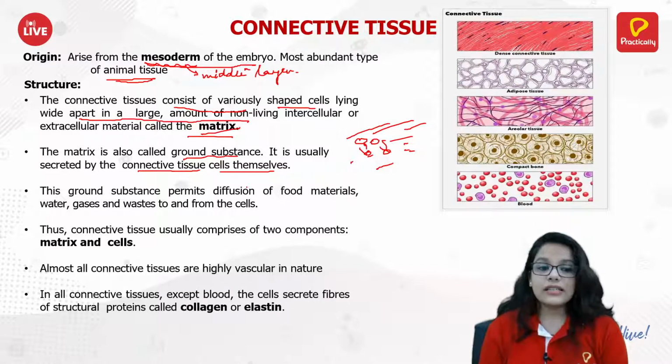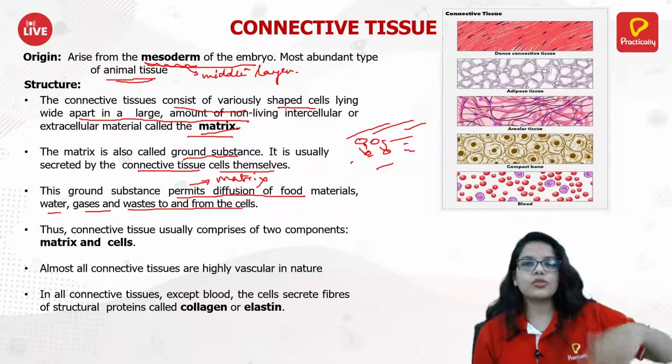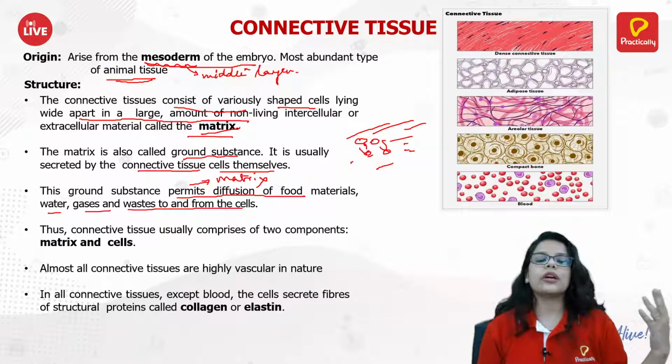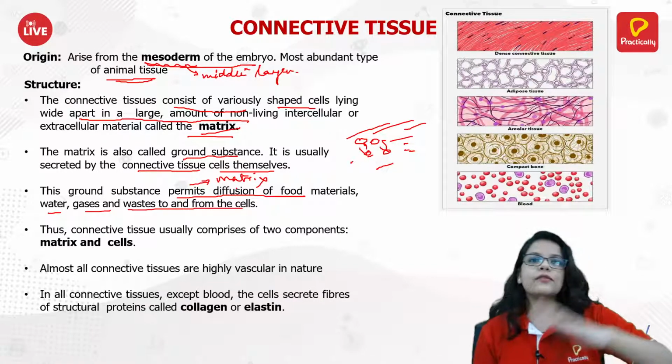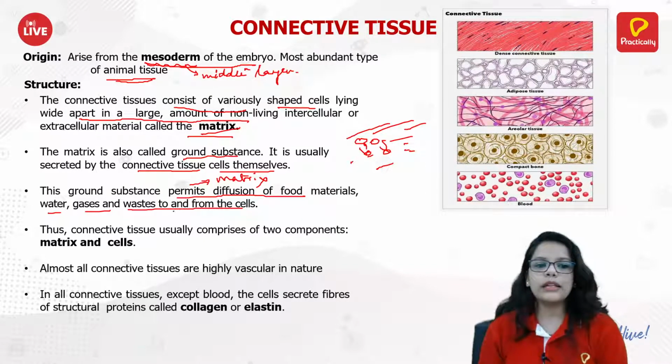Now this ground substance, which is the matrix, permits diffusion of food materials, water, gases, and wastes to and from the cells. The diffusion of these kinds of things, of fluids, they permit that.